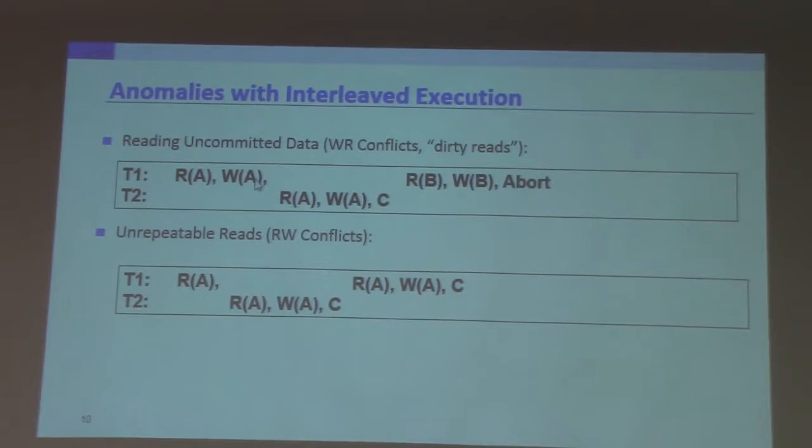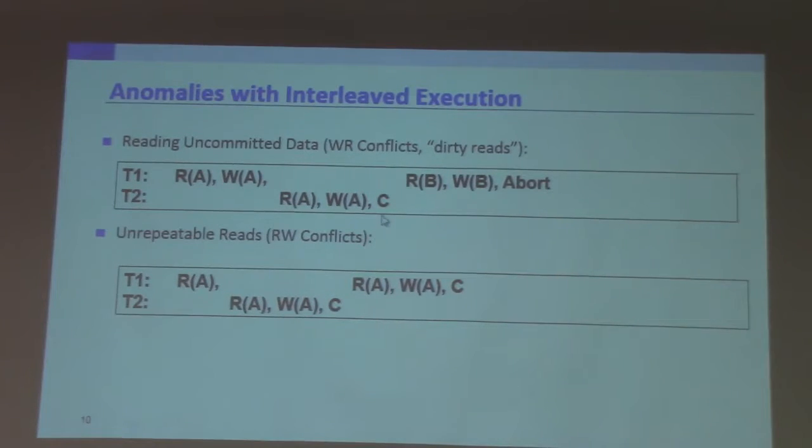For example, in this case, T2 has committed. That's important. T2 actually has committed right here. And T1 comes back and aborts. And then you have to tell T2 to come back and abort, even though T2 has already committed.